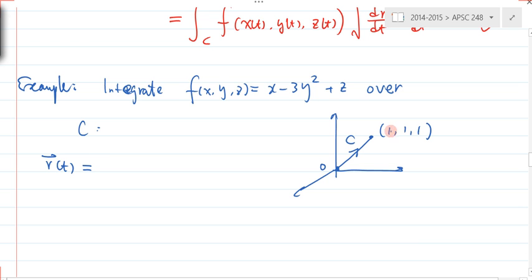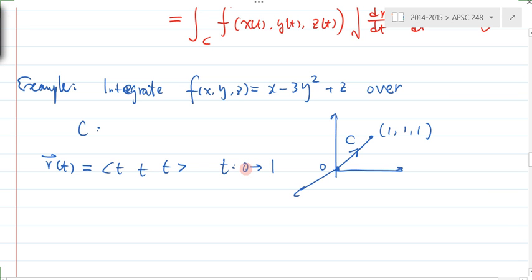It's from (0, 0, 0) to (1, 1, 1). What would be a possible solution? Exactly: t, t, t. But what's the range of t based on the given coordinates? 0 to 1, exactly.